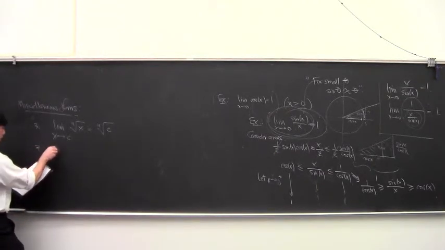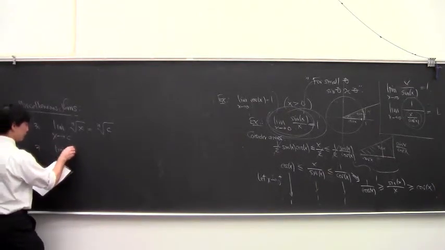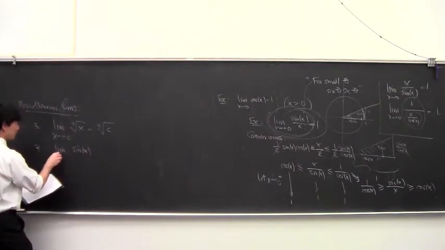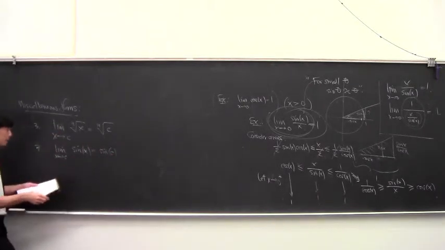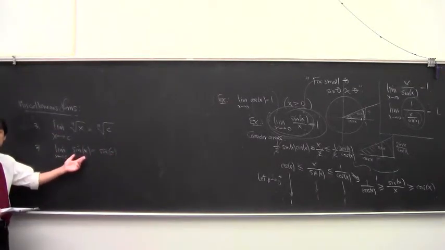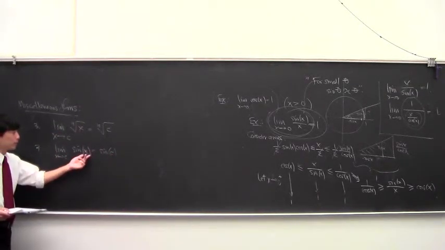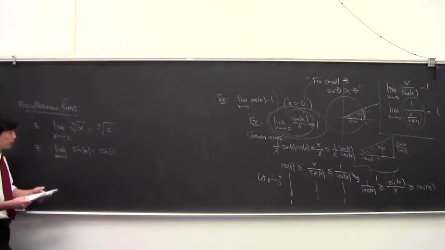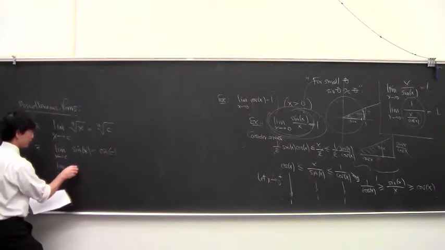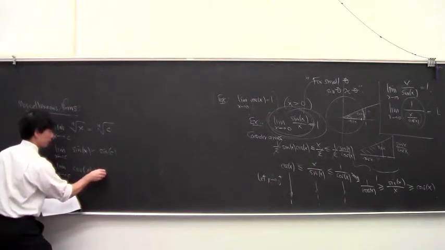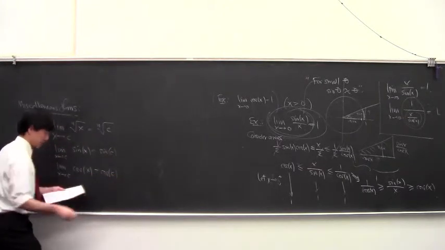Another one, the limit of sine x as x approaches c is just going to be sine c. So along the same lines, sine x, we saw earlier that you could put in 0 here. In fact, it's true that you can do this for any point, and it's also true for the cosine.